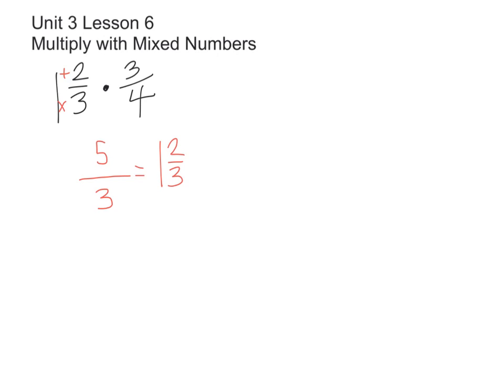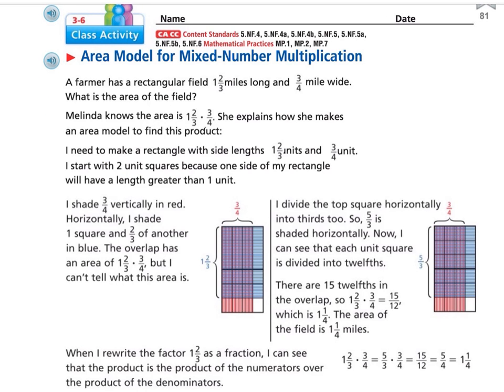So that's the first piece of information that we really need to build on, because I'm going to show you the area model and how the area model can help us multiply with mixed numbers. But the first thing you have to be able to do is think of your mixed number as an improper fraction. I want to show you this problem here about a farmer.